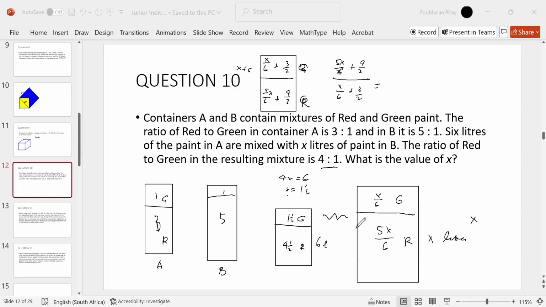Okay, that's perfectly in order because you had x of this mixed with 6 of that. So altogether you'll have x plus 6. So this thing here gives you the entire mixture. That is equal to 4. Okay, and you can solve for that. I can't remember what the answer was, but I'm sure there was a nice round figure for the answer. Right.